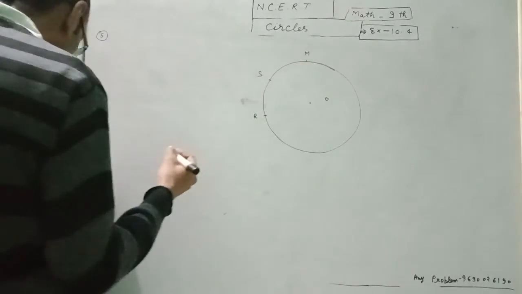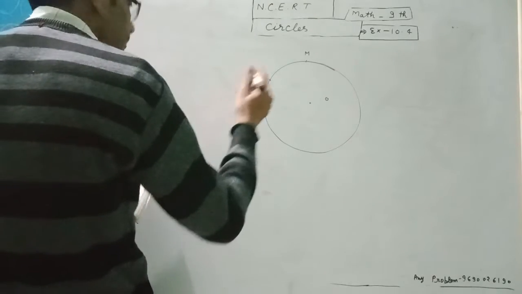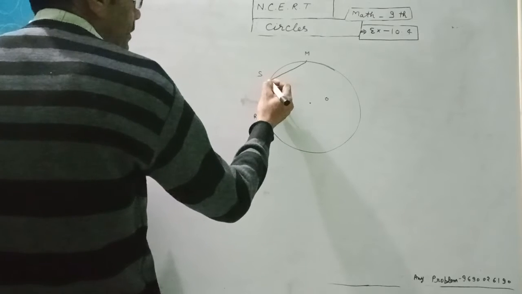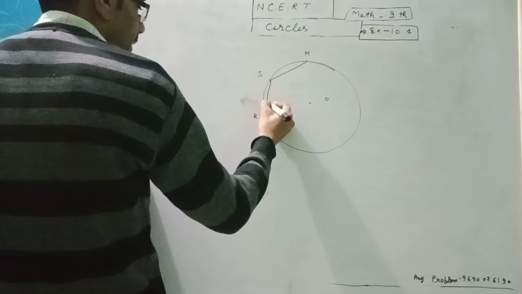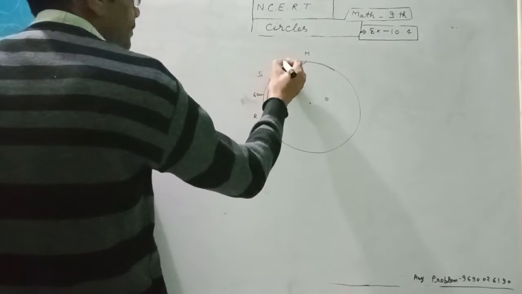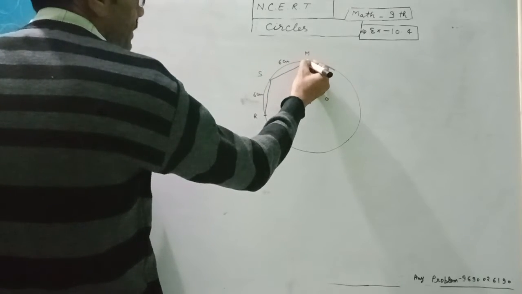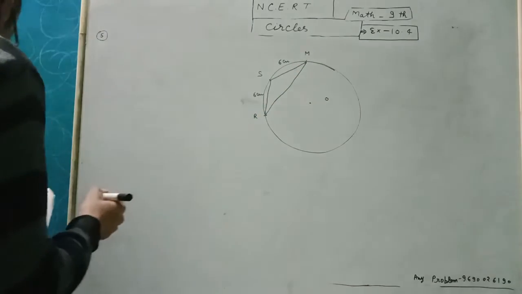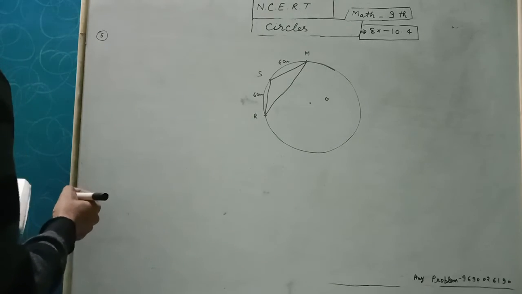The radius of the circle is equal to 5 cm. The distance between Salma and Mandeep, and Salma and Resma, is 6 cm. We find the distance between Resma and Mandeep.